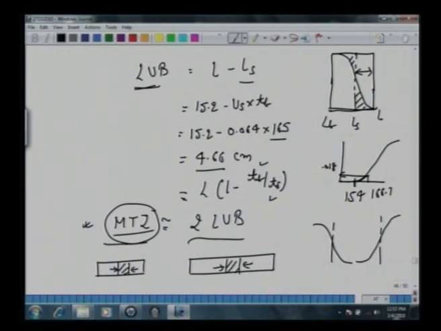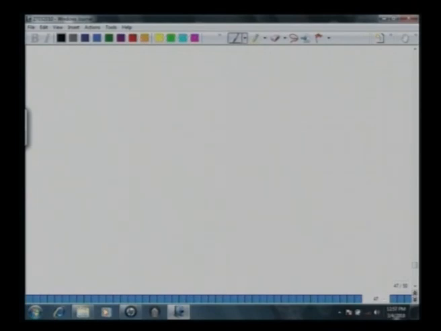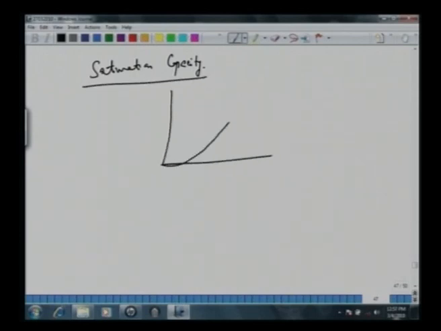And the last question we have to answer: what is this saturation capacity? That's very easy to find out. Just find out the area above this curve. Alright, so one has to integrate, or one can make some approximations finding out how much is this area and how much is this area.